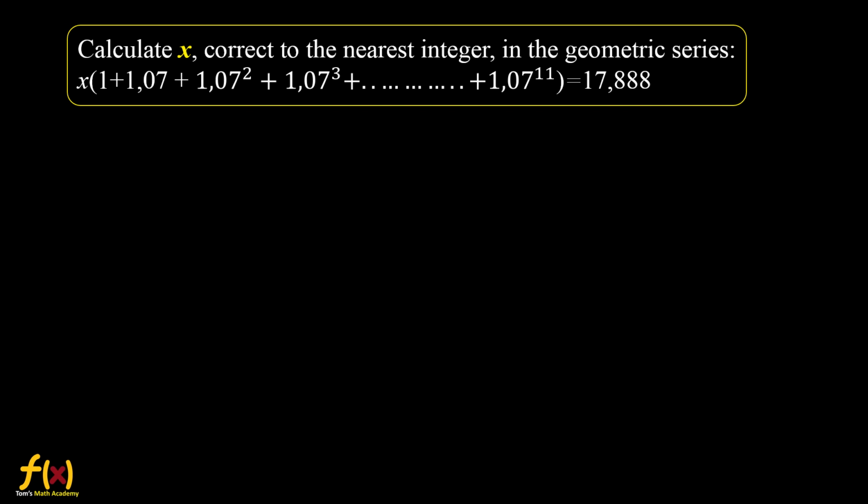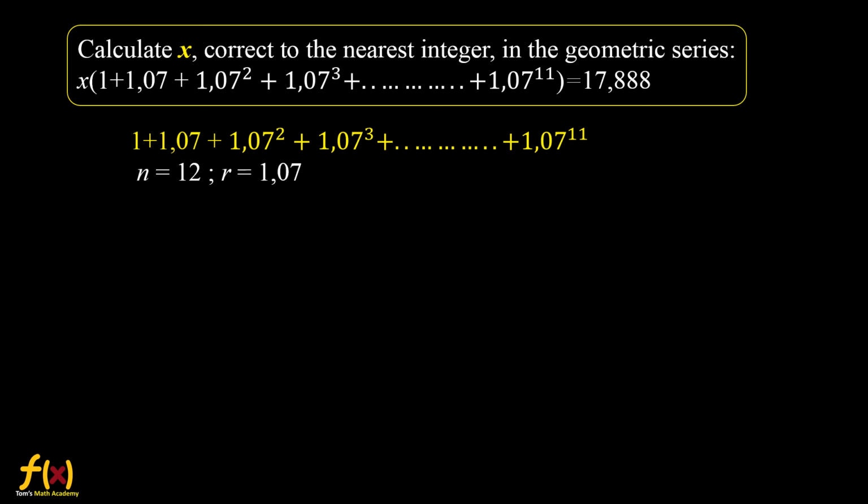Calculate X. So inside the bracket we have a geometric series. How many terms? We have 12 terms, and the common ratio, we calculate the common ratio by dividing the second term by the first term or the third term by the second term, it is 1 comma 0 7.